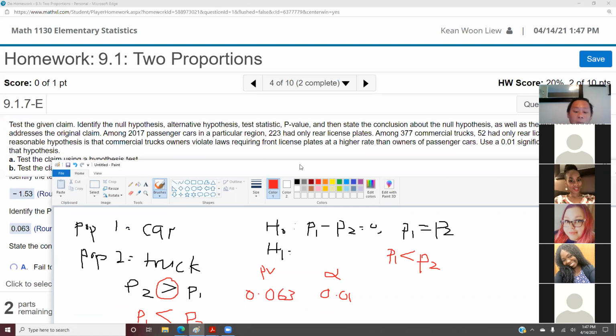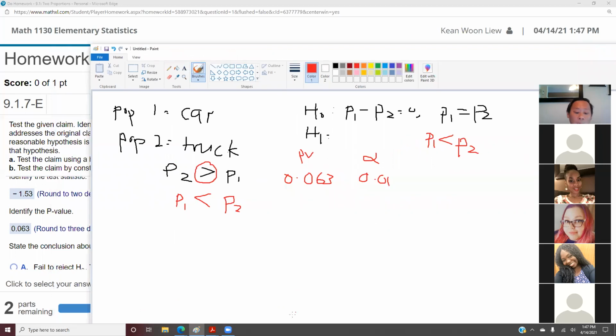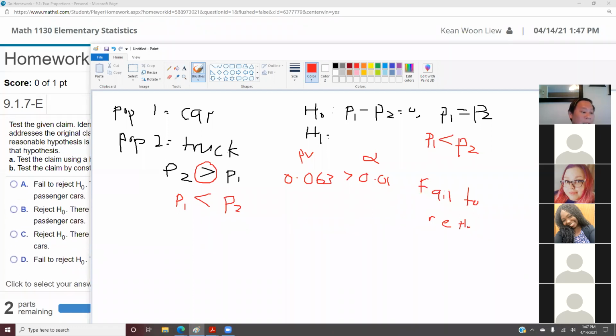So can someone tell me, is this... I have a question about the p-value. Let me finish this one and then we'll answer. If this one is greater than that, we will fail to reject, right? H0. So that means your answer is either A or D.